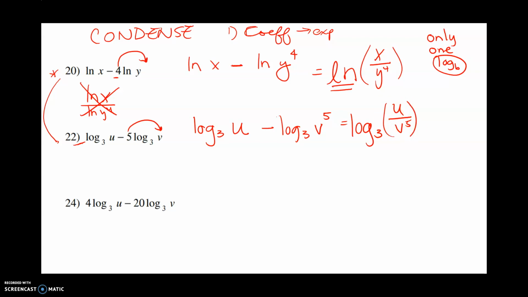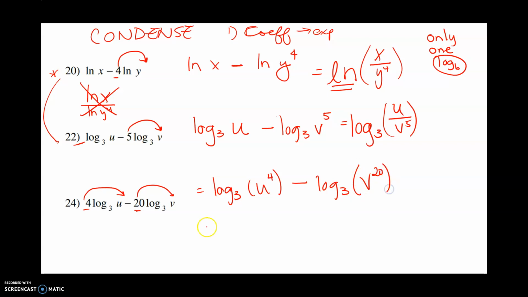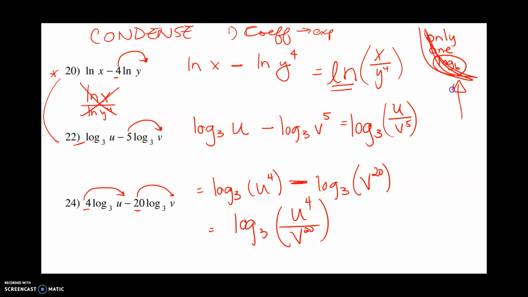All right, now in this one, 24, we have to take care of 2 of these coefficients, don't we? So the first step is log base 3 of u to the 4th minus log base 3 of v to the 20th. It's a minus, so these become a quotient: log base 3 of u to the 4th over v to the 20th. Only one log word in the answer.